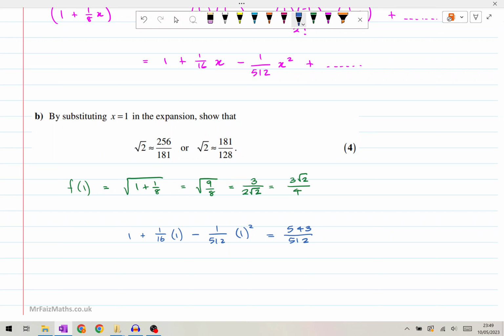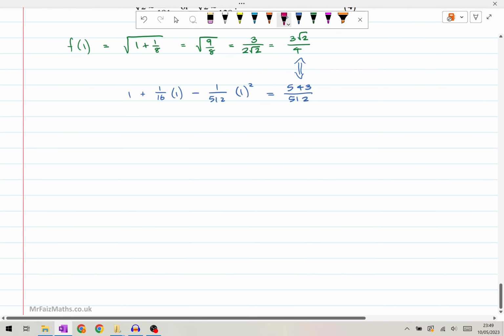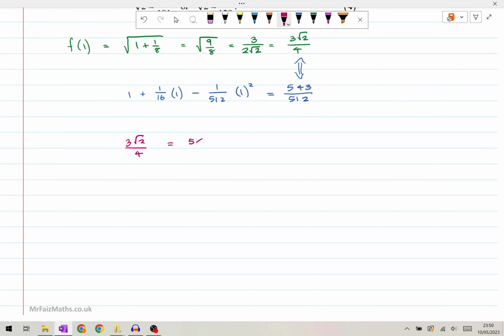Since the expansion is approximately equal to the original function, we can say that these two are approximately equal to each other. So I'm going to write that 3 root 2 over 4 is approximately 543 over 512. If you do a little bit of rearranging, we can multiply by 4 and then divide by 3. So square root of 2 is equal to 543 over 512 times 4 over 3.